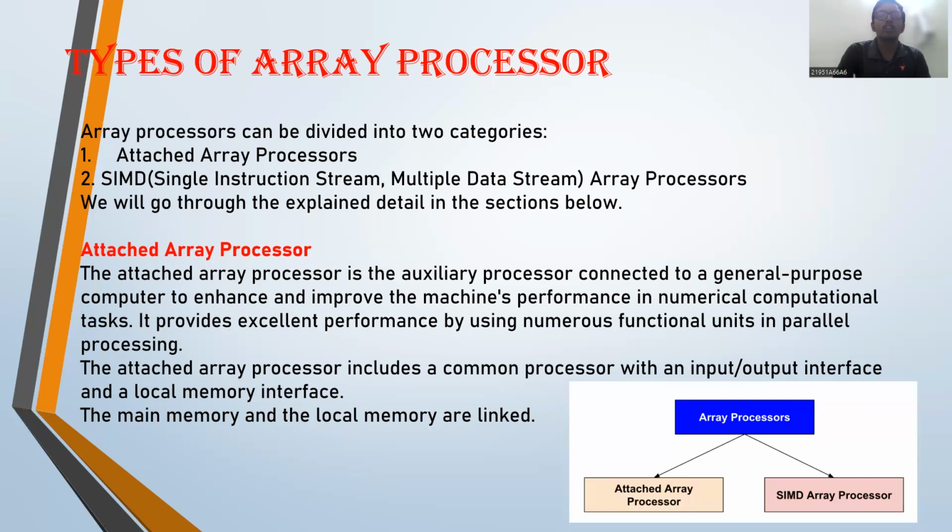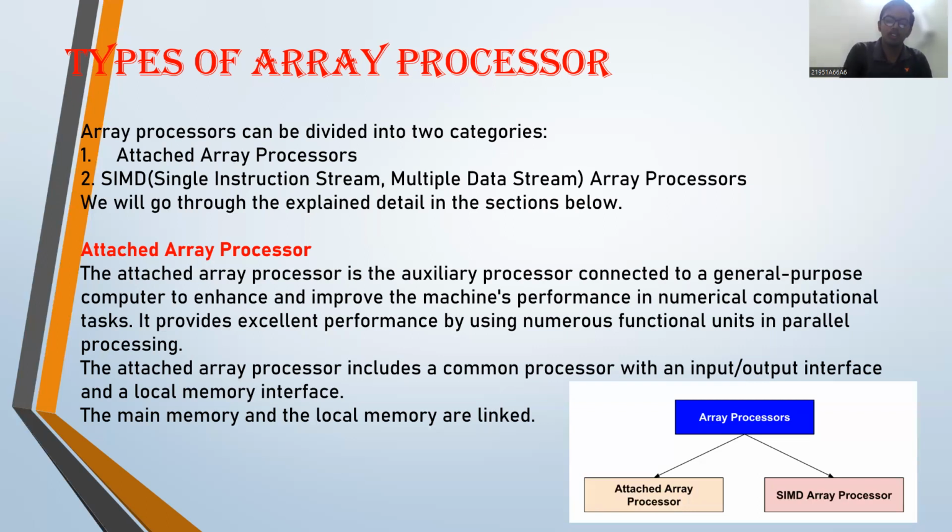It provides excellent performance by using numerous functional units in parallel processing. The attached array processor includes a common processor with an input-output interface and a local memory interface. The main memory and the local memory are linked.